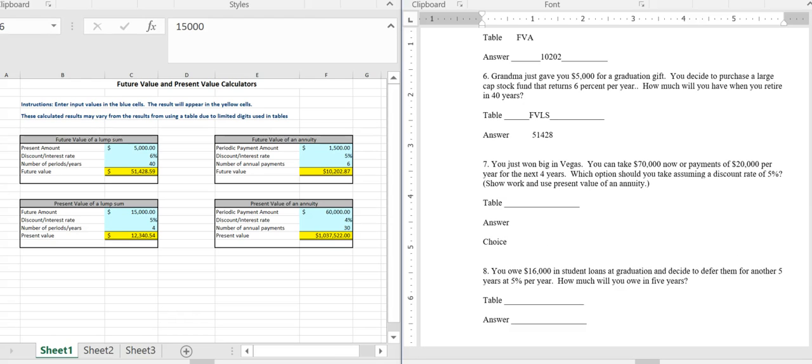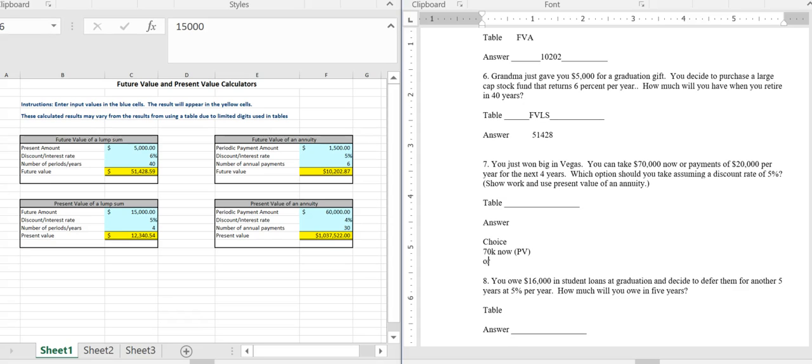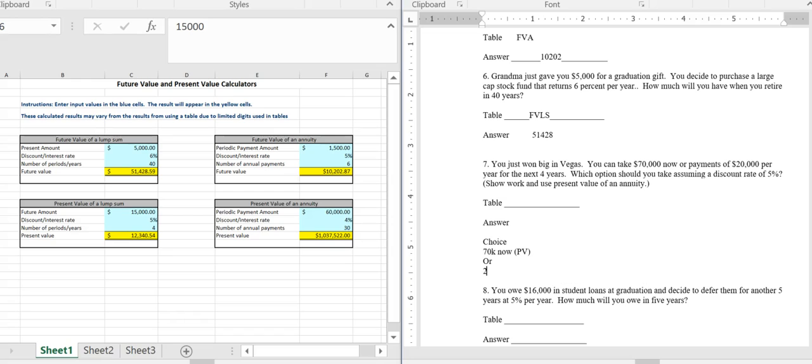So what we have here for this problem is a choice. Okay, your choice is $70K now, and that's in present value. Or I can take this $20,000 for 4 years. So what I need to do to compare these is to also bring this to present value.